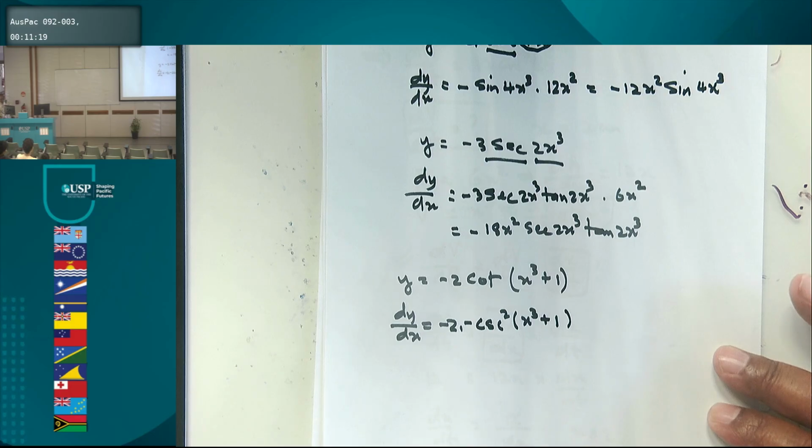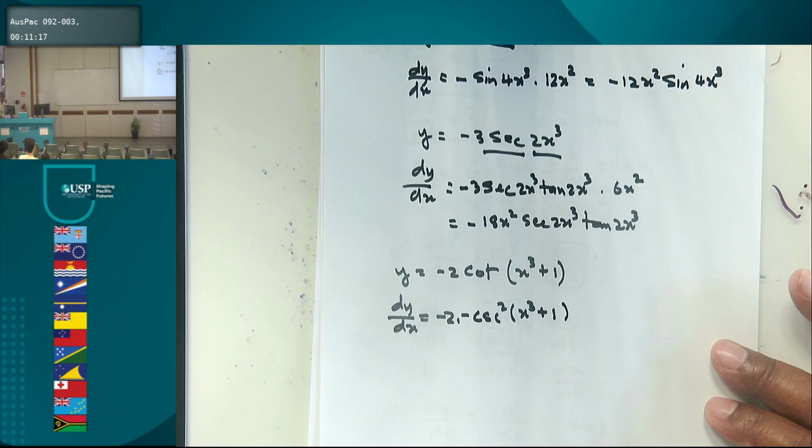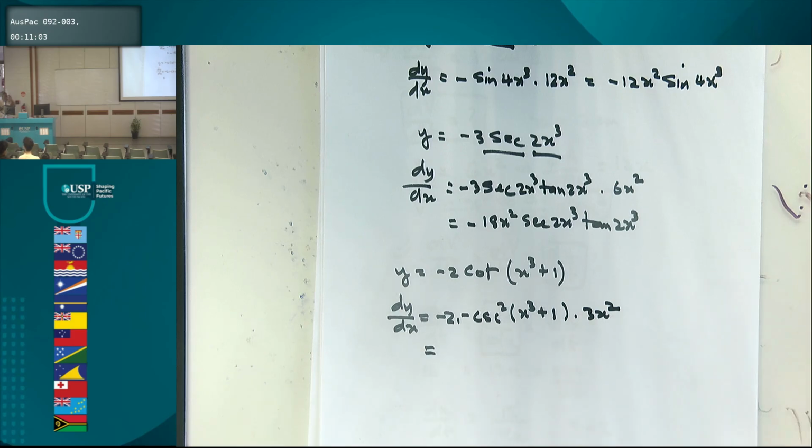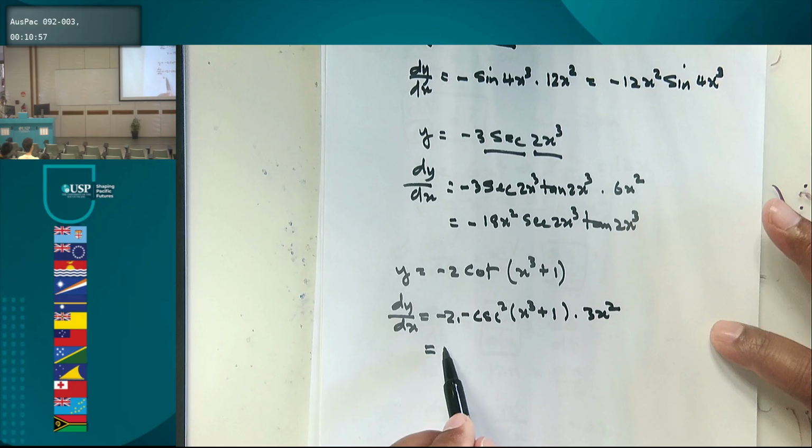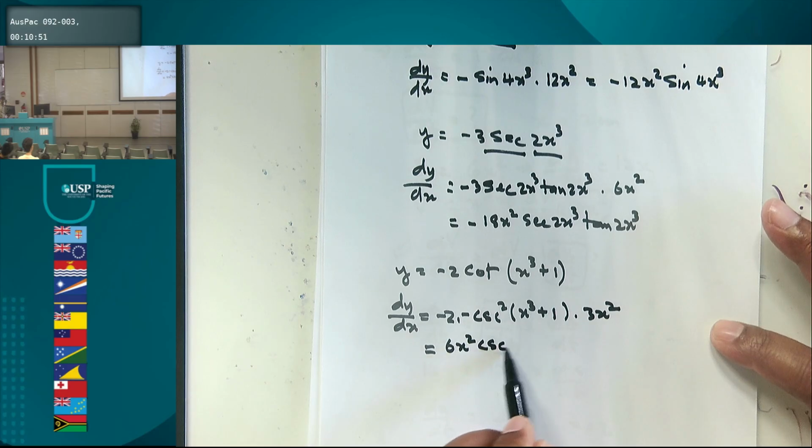Is that it? No, I still need to differentiate the inner. And what's the derivative of the inner? 3x squared. Please simplify this. So, what does that simplify down to? Negative times negative is positive, and then that should give me 6x squared cosec squared x cubed plus 1.